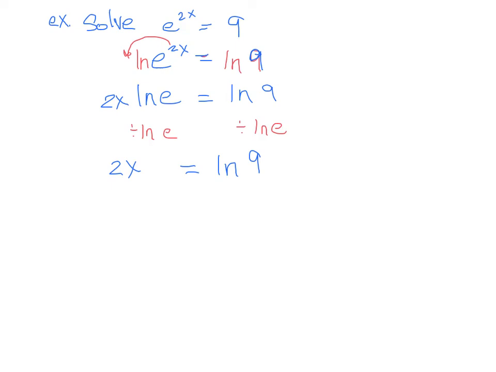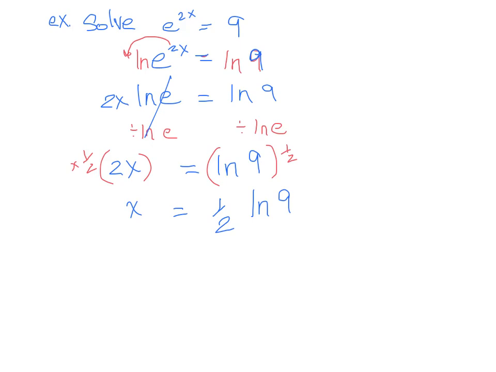We don't even have to write it down. Cool, that's gone. And that's just ln 9. All right, now in order to finish this, we can divide both sides by 2 or multiply both sides by a half, same thing. And we get that x is equal to a half ln 9.